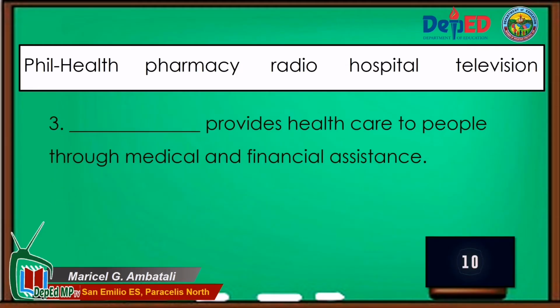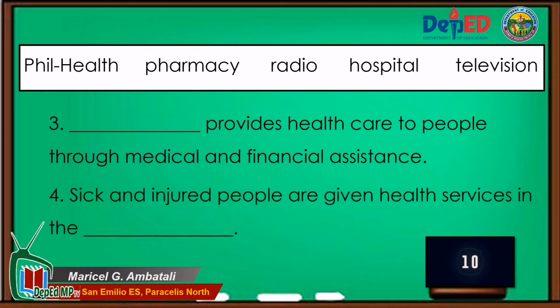Number 3. Blank provides health care to people through medical and financial assistance. Number 4. Sick and injured people are given health services in the blank.